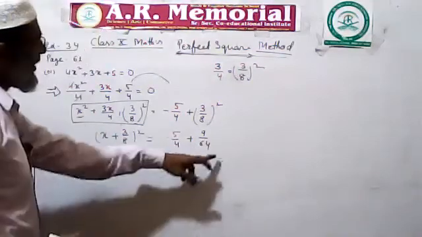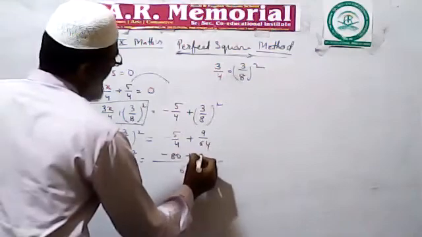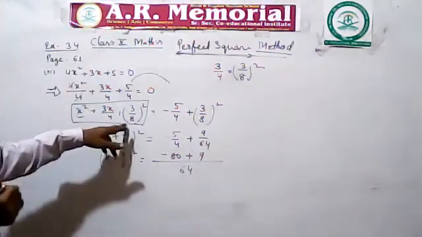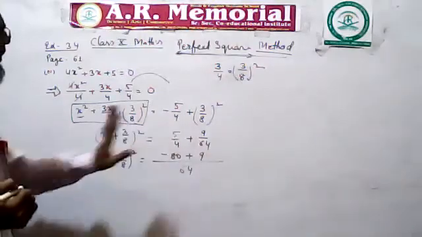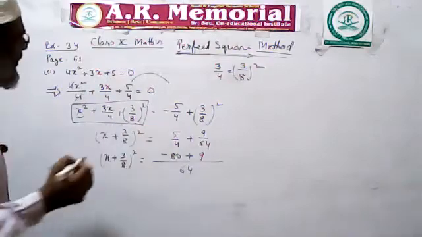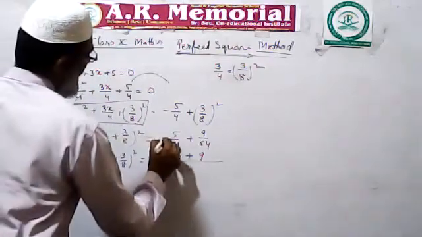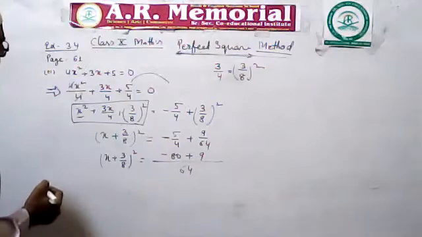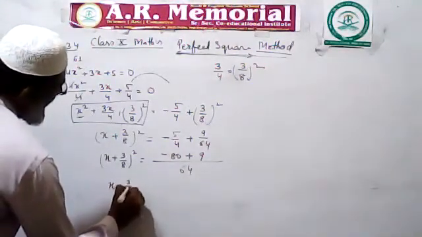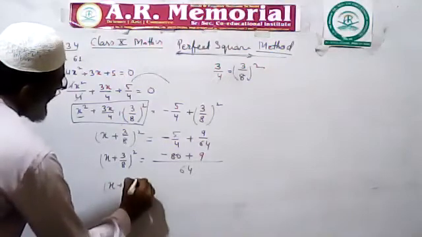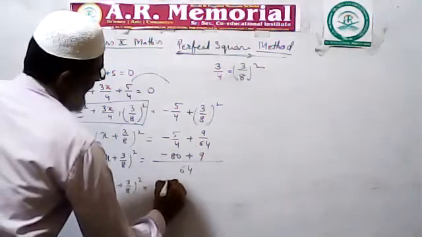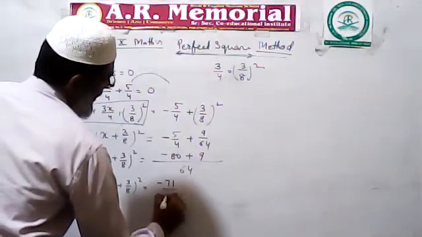Plus this is one time, 9 is there. 8 times 8 is 64, 3 times 3 is 9. 5 upon 4, yes, it is positive here, negative. Now come, 71. Here x plus 3 upon 8 whole square is equal to minus 71 upon 64.